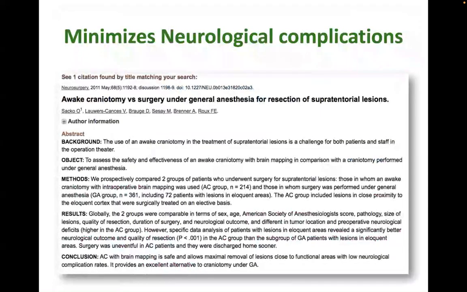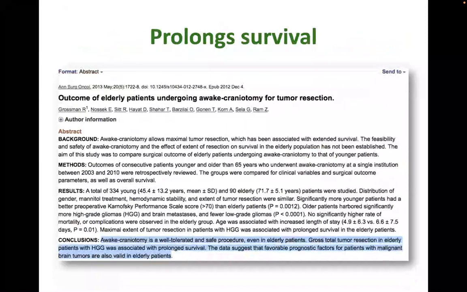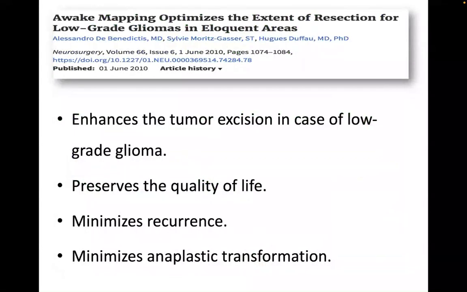Similarly, you can reduce the chances of neurological complications and improve the survival benefit. You can prolong survival by doing maximum safe resection, minimizing neurological deficits, and preserving quality of life with minimal recurrence.